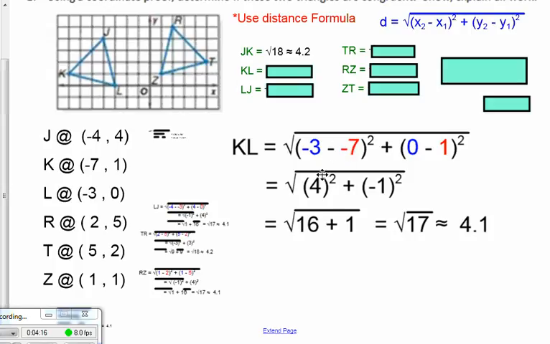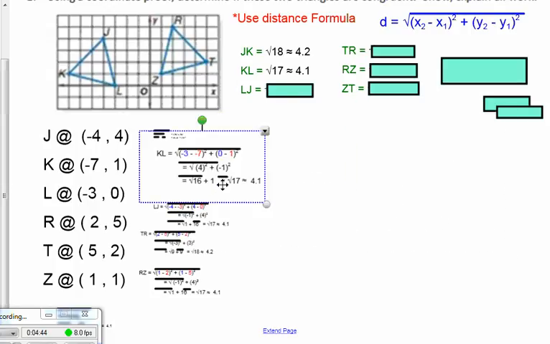So it became 4. 4 squared is 16. 0 minus 1 is -1. Squared, so -1 times -1 is +1. 16 plus 1 is 17. Square root of 17 is around 4.1. So from K to L, that distance is about 4.1, or exactly the square root of 17.